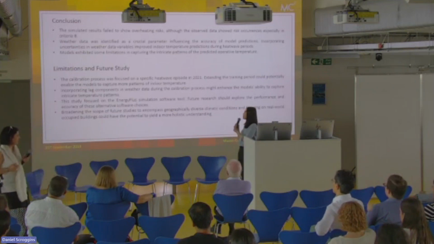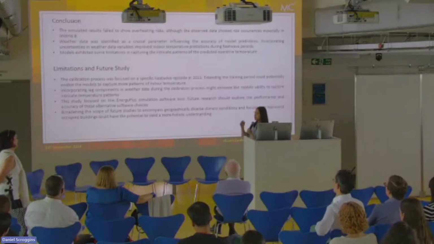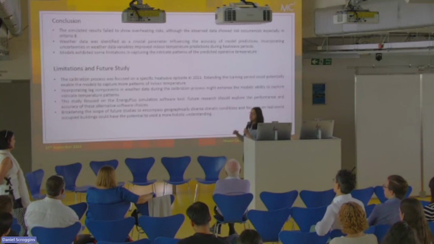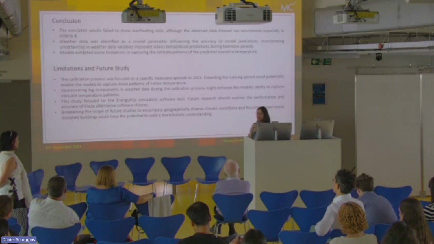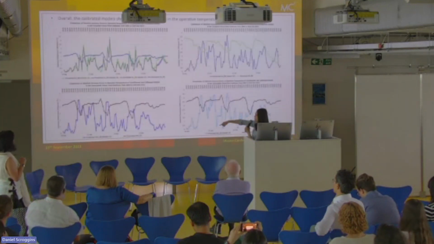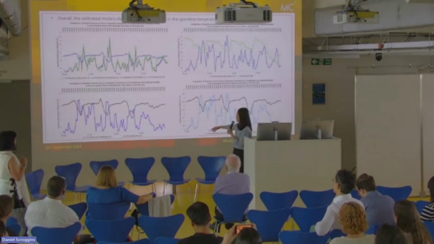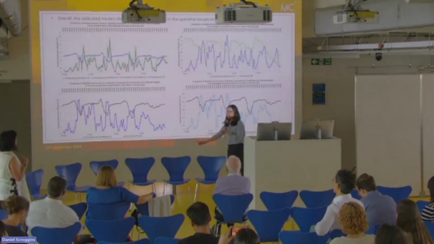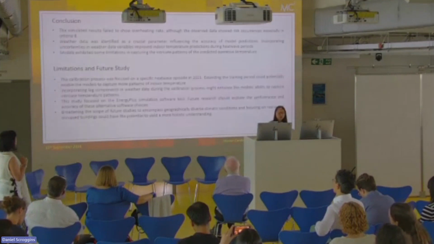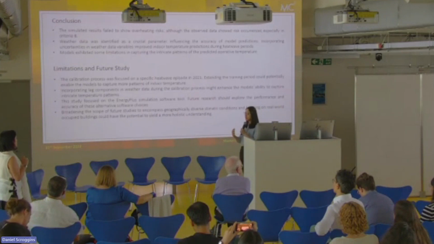Thank you for the question. So actually, from the novel approach in this study, we found that including uncertainties in weather variables could achieve the most accurate results. But there are some limitations in this study, as you can see from the graph, that the calibrated one couldn't capture the pattern of the indoor temperature, compared to the uncalibrated. This could be because we just focused on 8 days in 2021 in the hottest week.